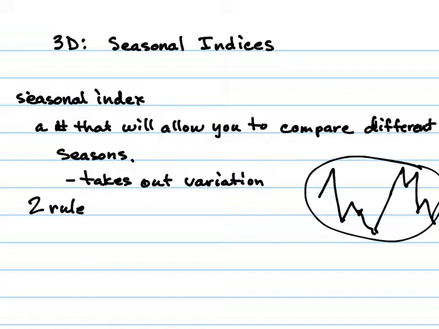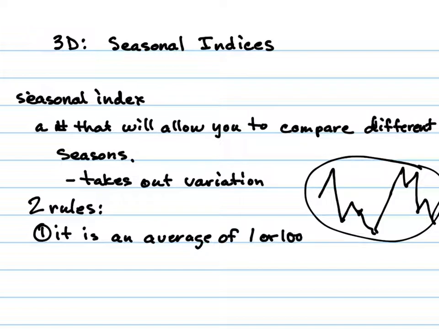There are 2 rules that you must pay attention to when you're working with these. The first rule is that it is calculated so that it is an average of 1 or 100%.